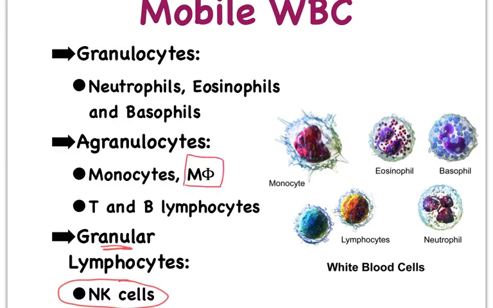So we have both mobile and resident types of macrophages. And remember, it is the monocytes that form the macrophages. So when monocytes leave the bloodstream, where they are in the blood, and enter into the tissues, then they differentiate further into macrophages.